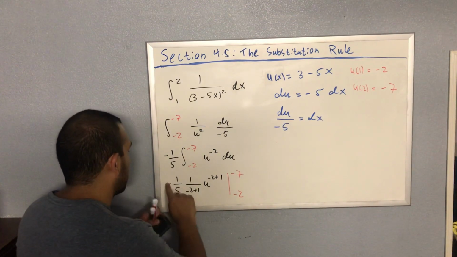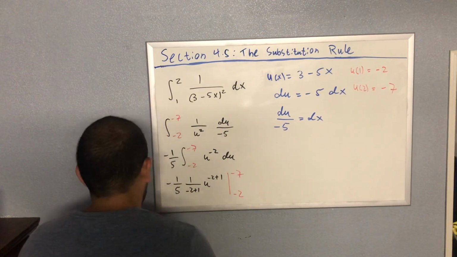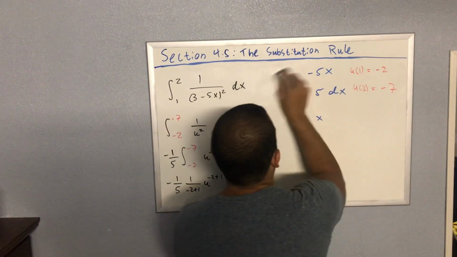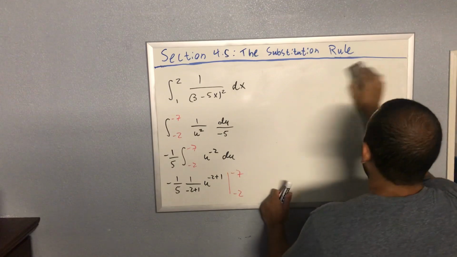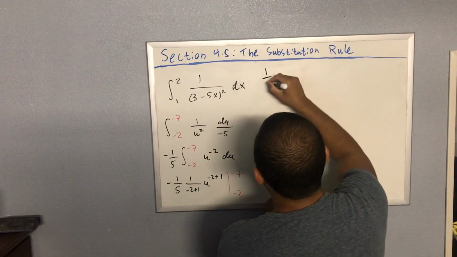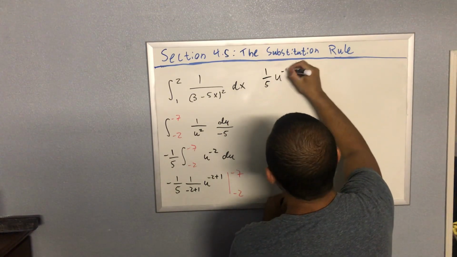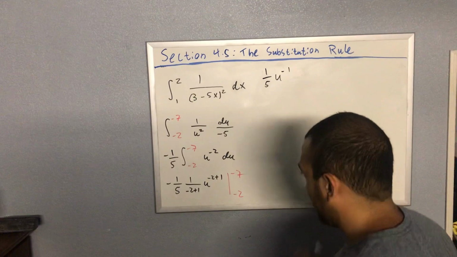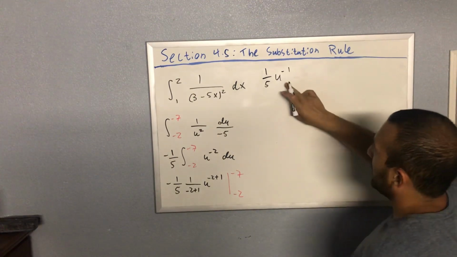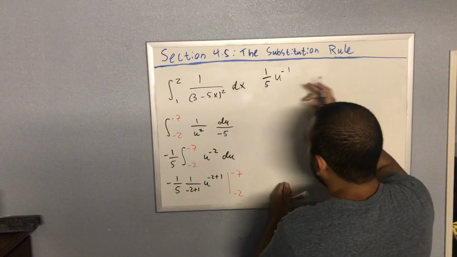So when the dust clears, this really is just positive 1/5 u to the negative 1, basically. Which, remember, u to the negative 1 is really just 1 over u.